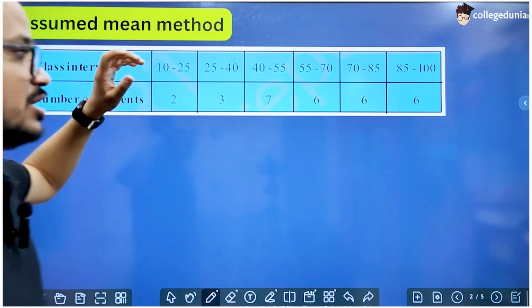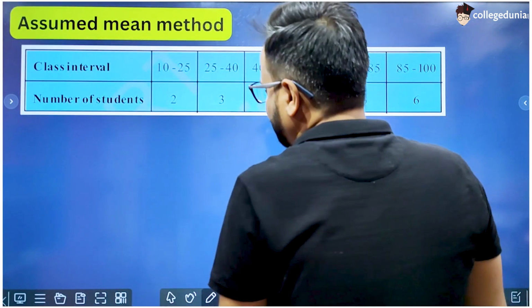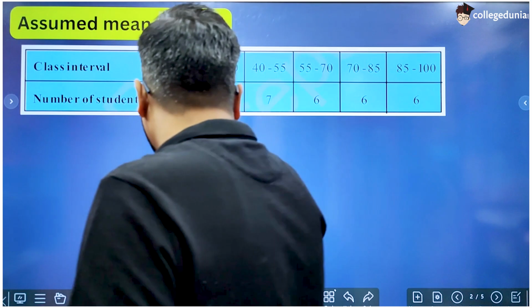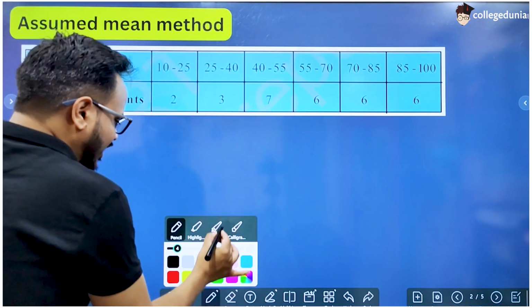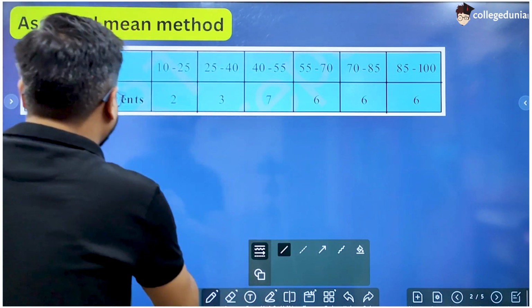So this is a question from the NCERT textbook and we will find the mean of this data. Now to find the mean, let us make a table first.